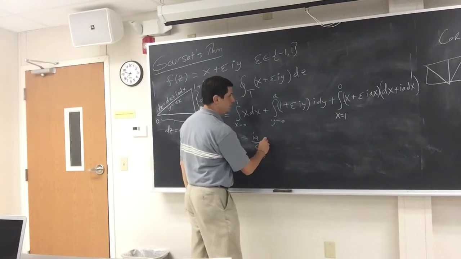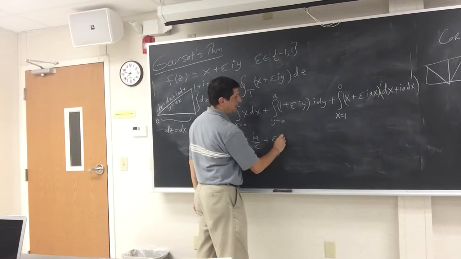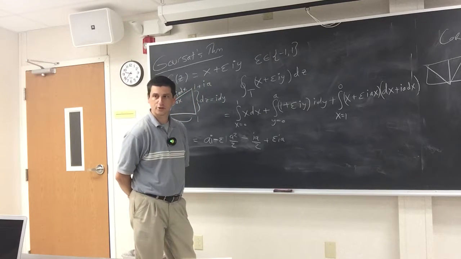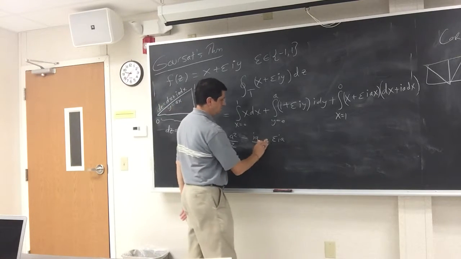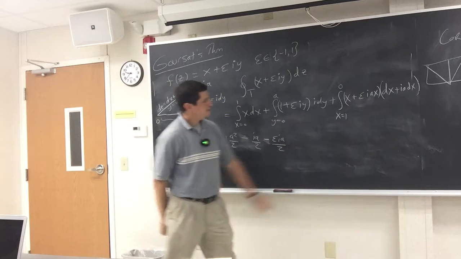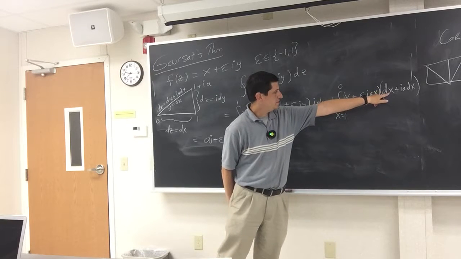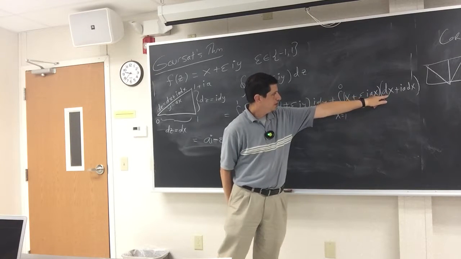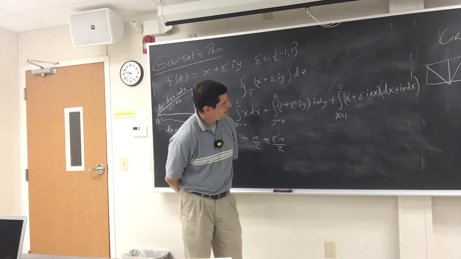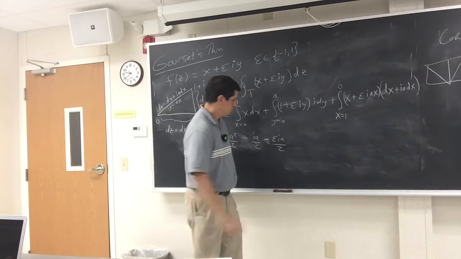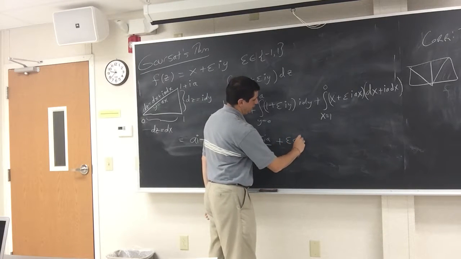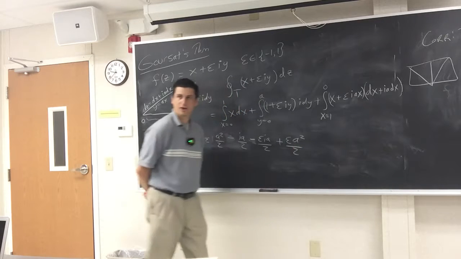So that's going to be plus epsilon i a, and when we integrate x, we get x squared over 2. That's also going to be a negative 1/2. And then the last is we have this hits that. So i times i is minus 1. And then we'll have minus epsilon a squared x. So that's going to be plus epsilon a squared over 2, because when we integrate, we got negative 1/2.